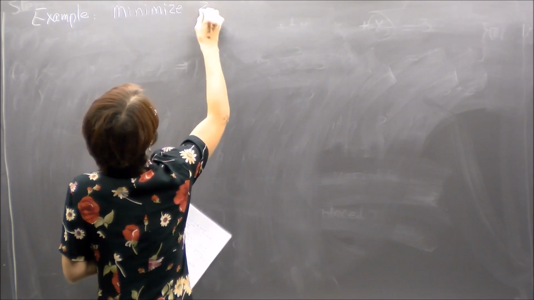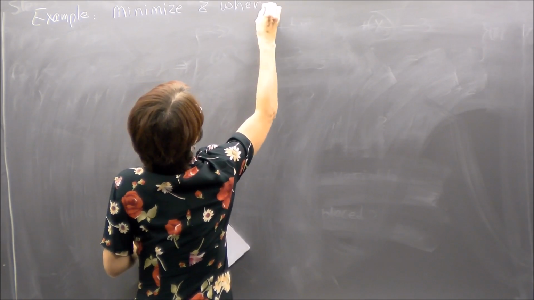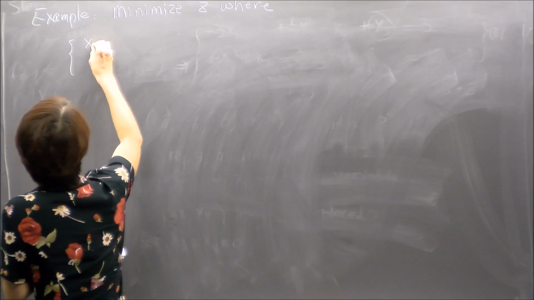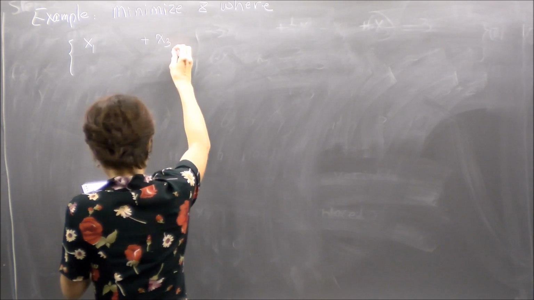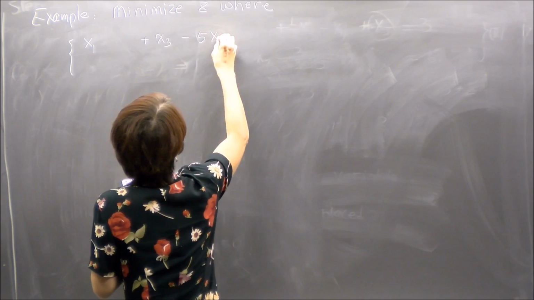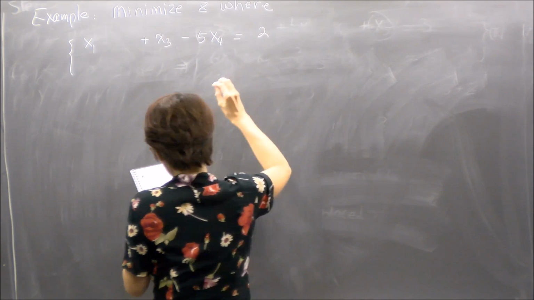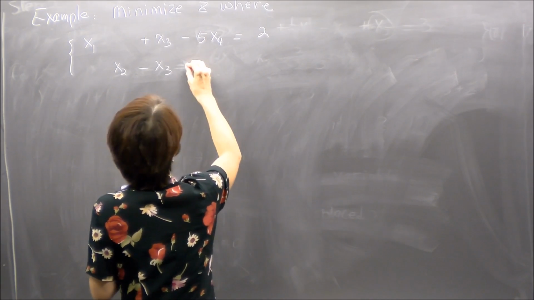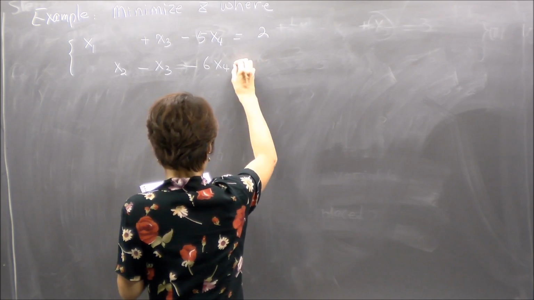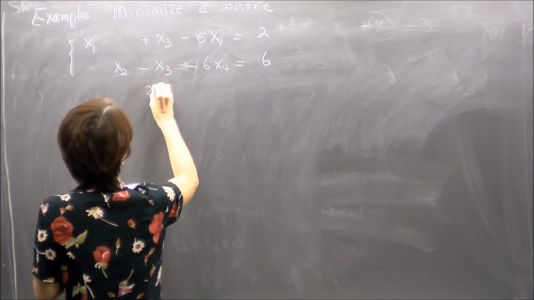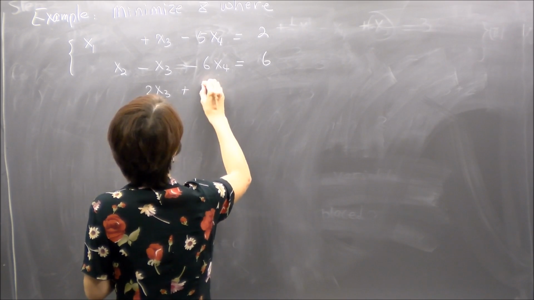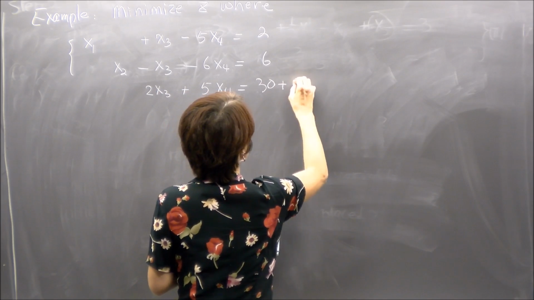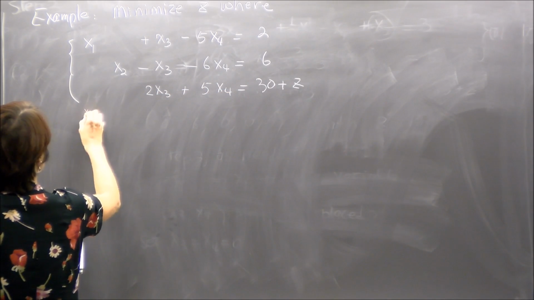Okay, so minimize z, where I have the following: x1 plus x3 minus 5x4. They're just numbers. Okay, and then of course non-negative.